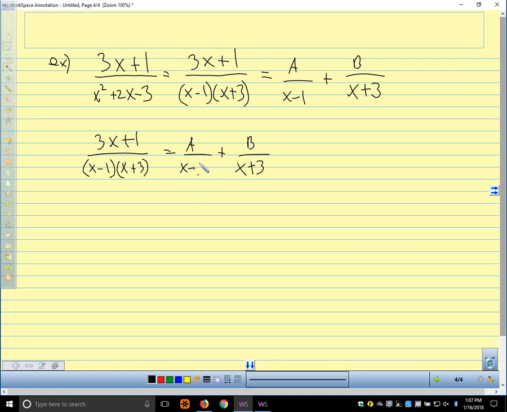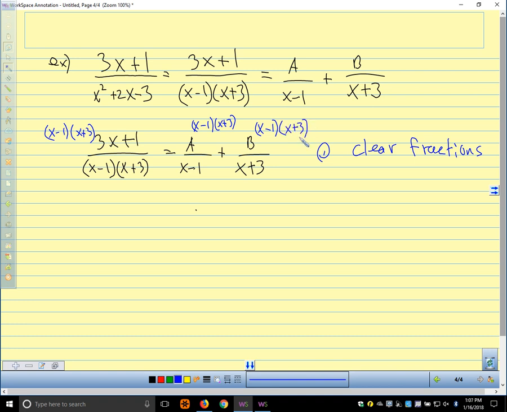All right, so our first step is to clear the fractions. So I clear the fractions by multiplying everything by this common denominator. So I'm going to multiply by (x - 1)(x + 3). Multiply this by (x - 1)(x + 3). And multiply this by (x - 1)(x + 3).